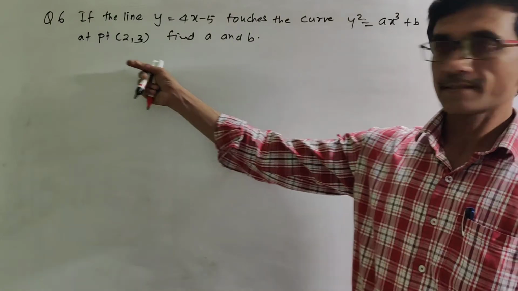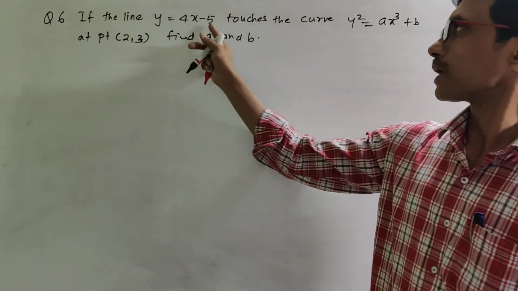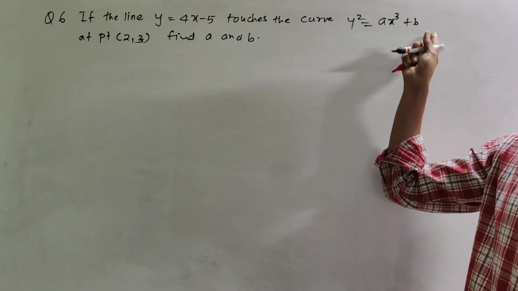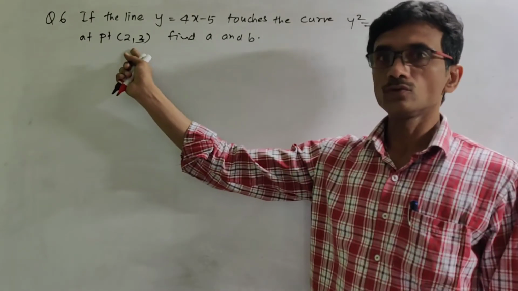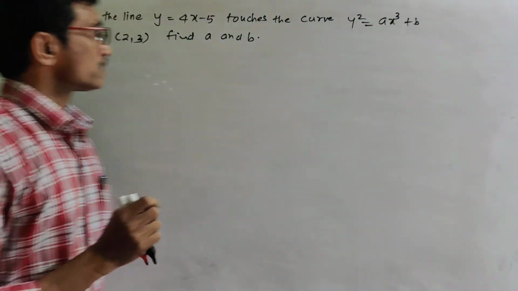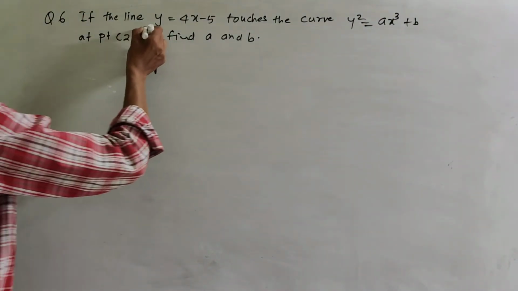Question number 6. If the line y equals to 4x minus 5 touches the curve y square equals to ax cube plus b at this point 2 comma 3, we find what? A and b. See the given line.